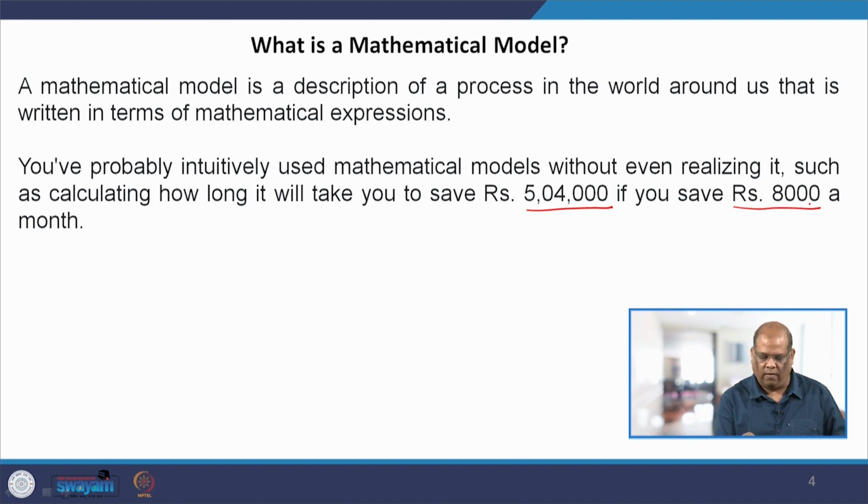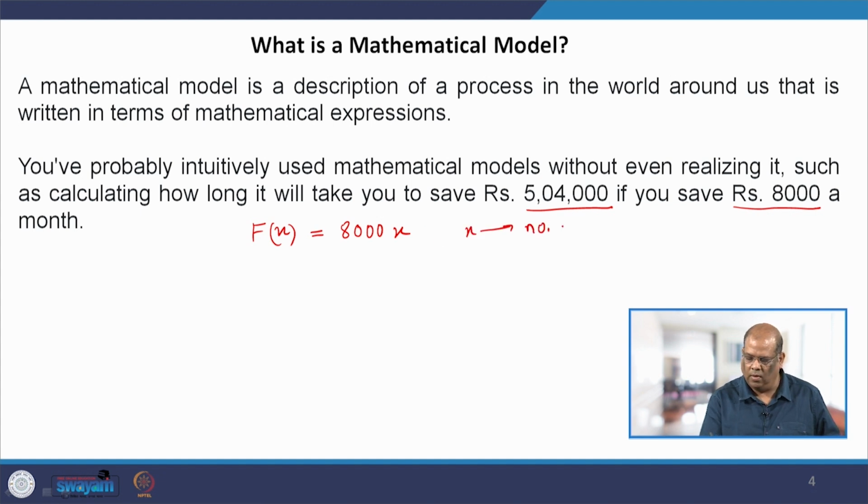So, you write a function f(x), where your x is the number of months. You can save 8,000 per month multiplied by the number of months, and your target is 5,04,000.